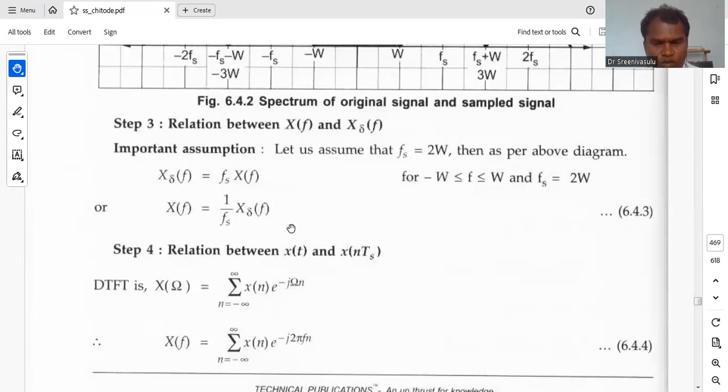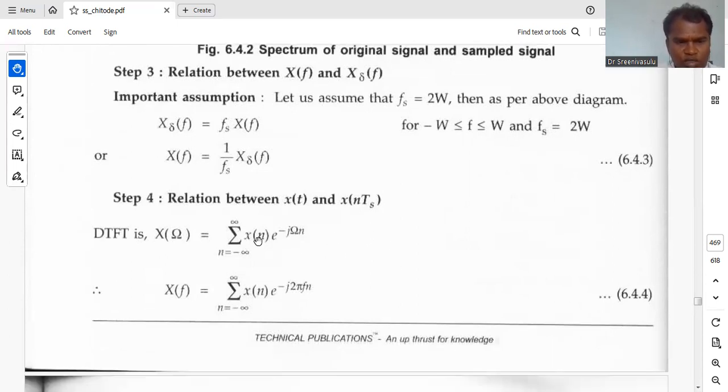Now, if we take the discrete time Fourier transform, DTFT of x of n, X of omega is equal to summation n equal to minus infinity to plus infinity, x of n into e power minus j omega n.